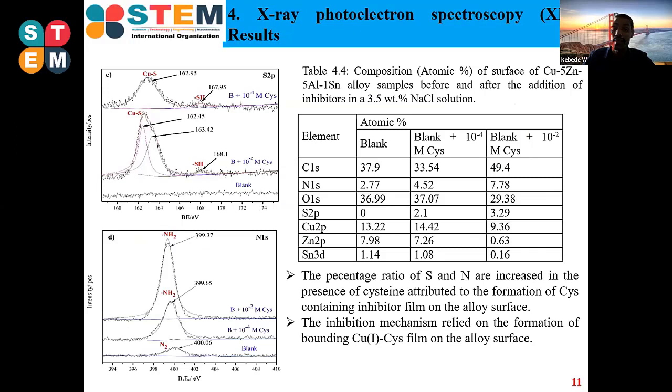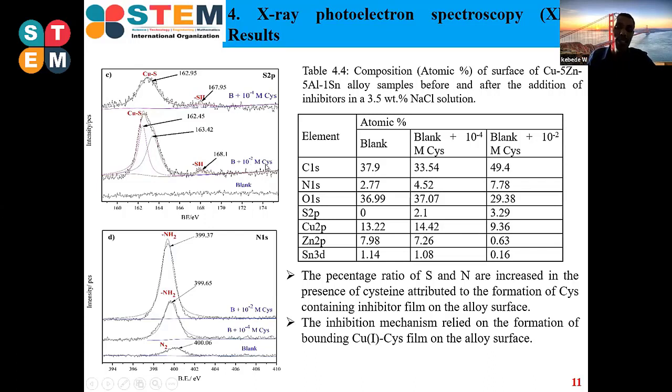This is the copper, sulfur and nitrogen spectrum. This spectrum shows the presence of the inhibitor film, because cysteine contains nitrogen species, sulfur species, and oxygen species. So in the blank solution, there is no sulfur. This means there is no cysteine, no inhibitor.